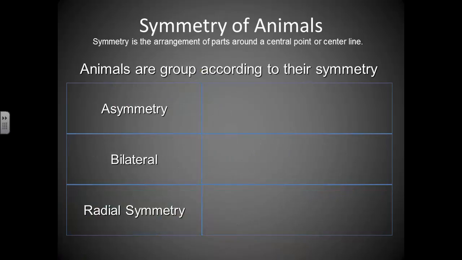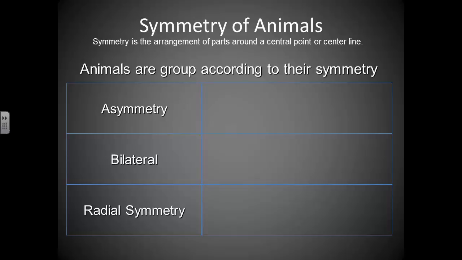Before we get into this, when we talk about invertebrates, one of the things we'll talk about is their symmetry. You've learned about symmetry in the past, right? Probably in math, or in art maybe.